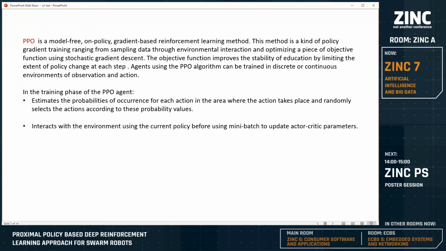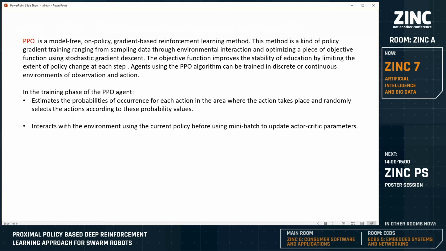Proximal policy optimization is a model-free, on-policy, gradient-based reinforcement learning method. This method is a kind of policy gradient training that alternates between sampling data through environment interaction and optimizing a clipped objective function using stochastic gradient.